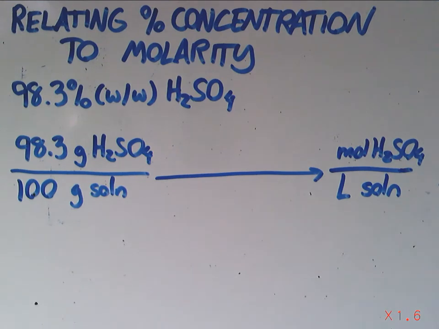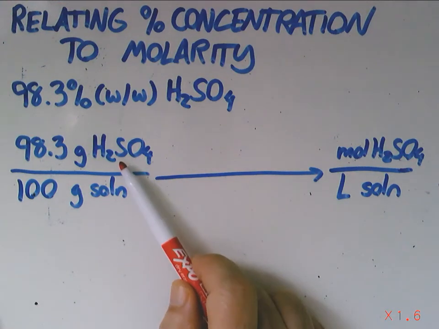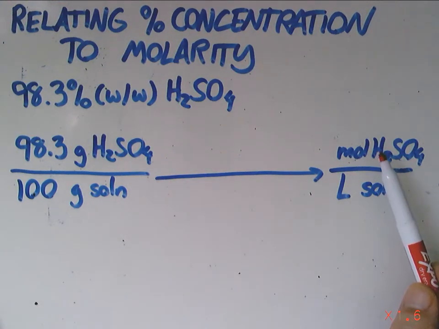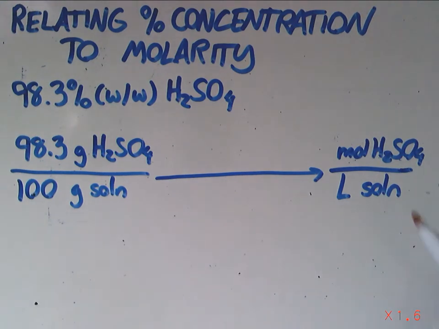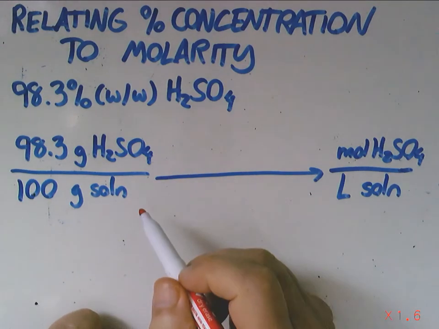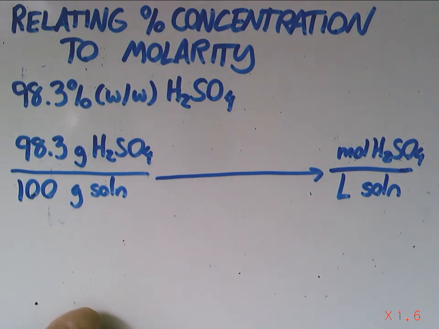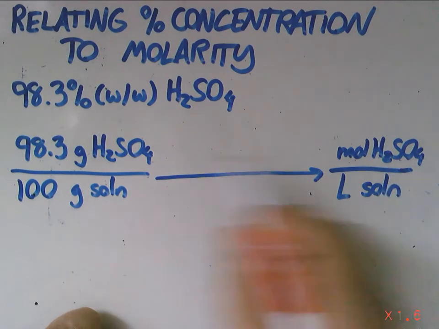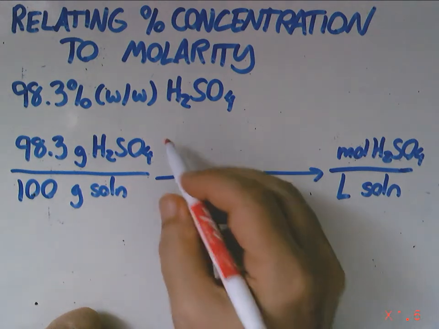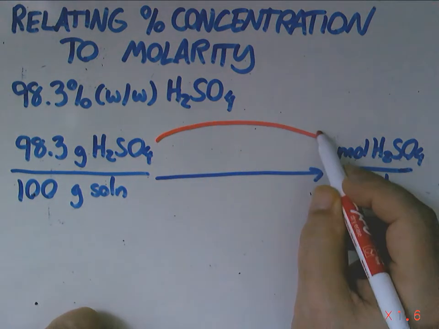Now, I really have 2 problems to do here. One is to turn grams of H2SO4 on top into moles. And that one we're a little bit more familiar with. We did that back a while ago. Gram to mole conversions need what? When you're converting a mass to moles, you need a molar mass. So I need to know the molar mass of sulfuric acid to do this part.